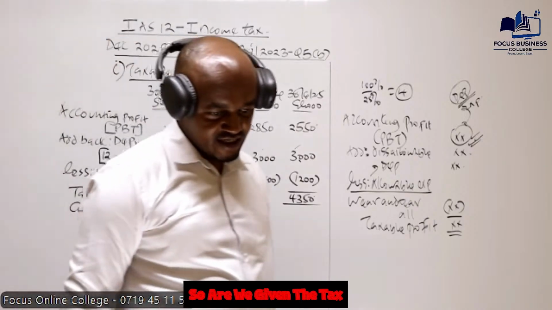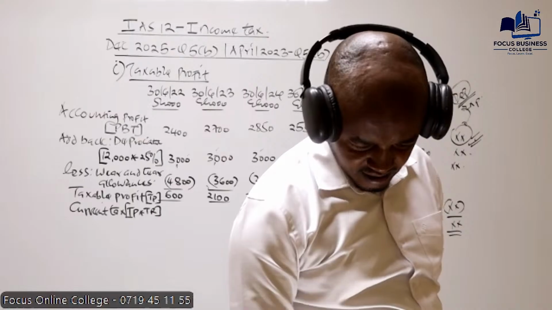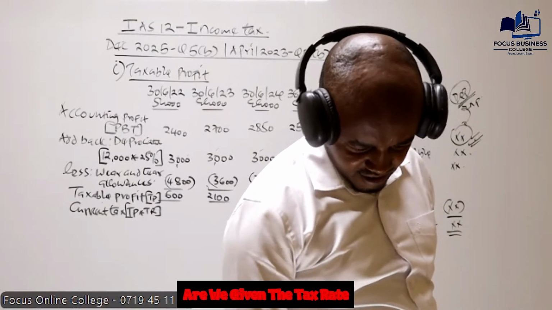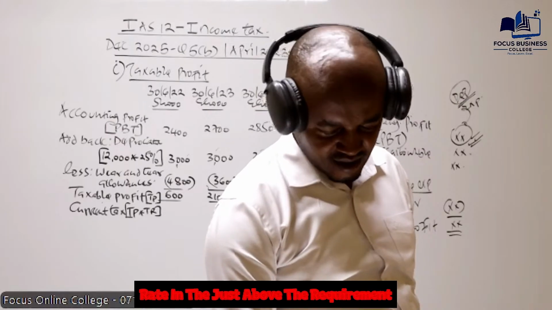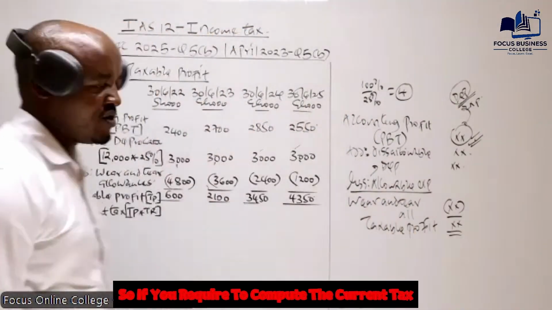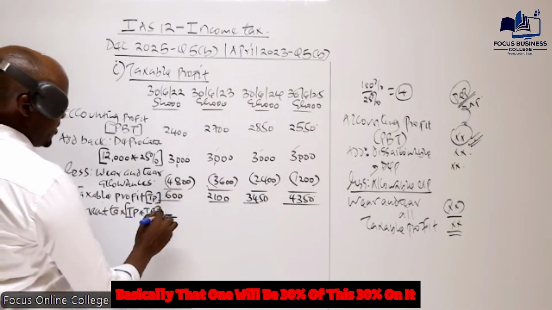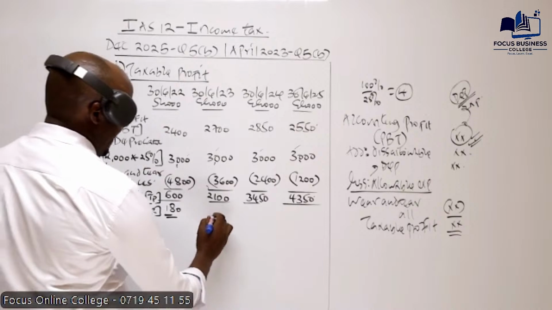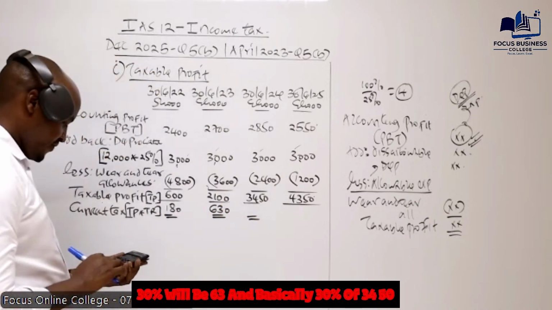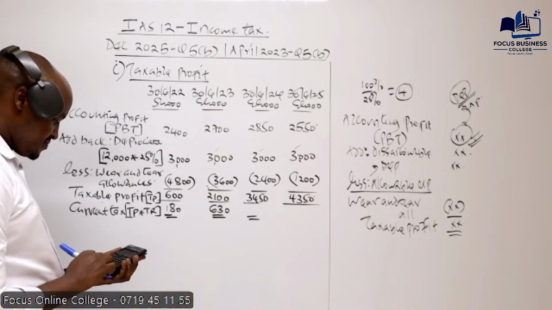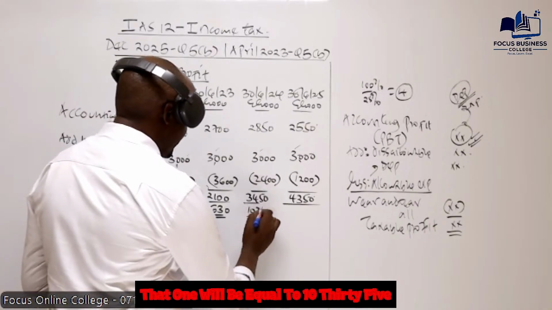Are we given the tax rate in this particular question? Yes, we have the tax rate just above the requirement. The tax rate is 30%. So if you are required to compute the current tax, that would be 30% of this. 30% of 3,450 would be equal to 1,035.